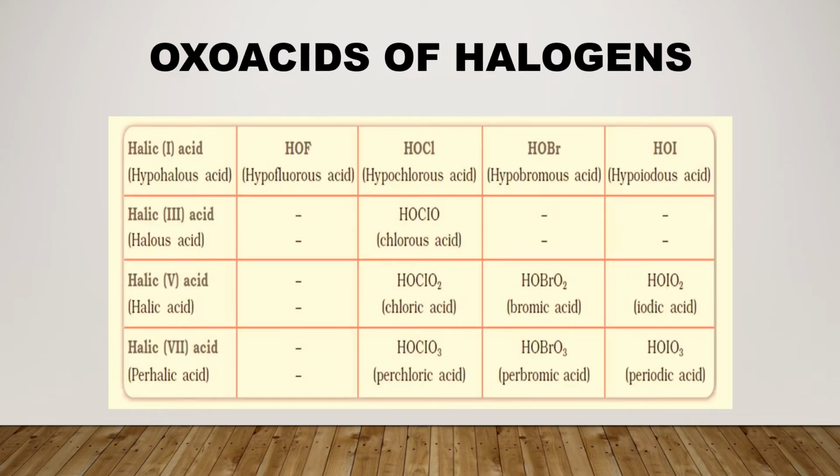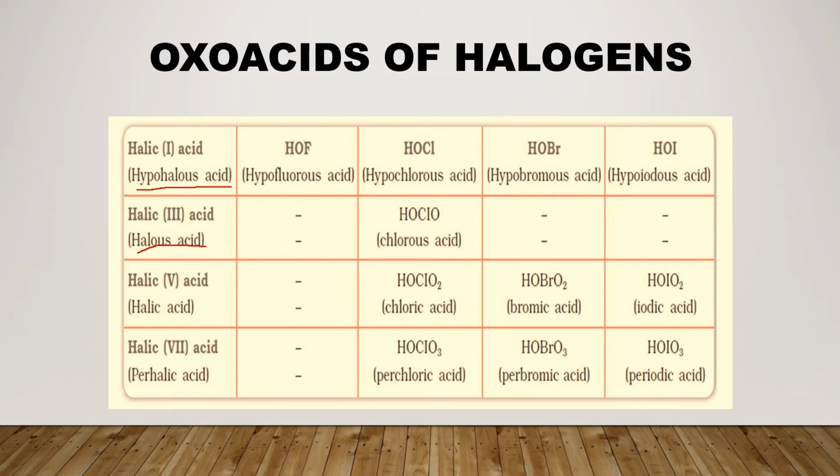There are four types of oxoacids of halogens depending upon the oxidation state of the central halogen atom. First one is hypohalous acid, in which the oxidation state of halogen is +1. We call it halic(I) acid also. Second is halous acid, in which oxidation state is +3.